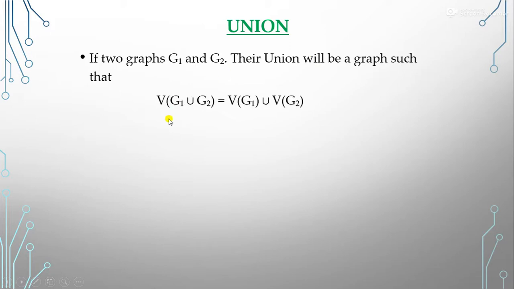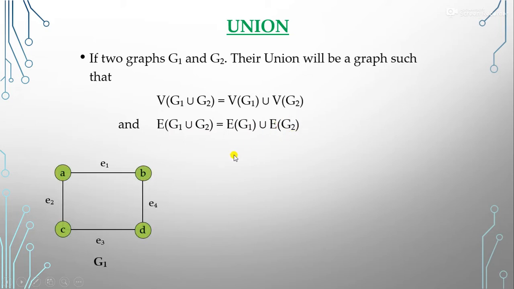The vertices of G1 union G2 is equal to the vertices of G1 union vertices of G2, and the edges of the graph G1 union G2 is equal to the edges of G1 union edges of G2.